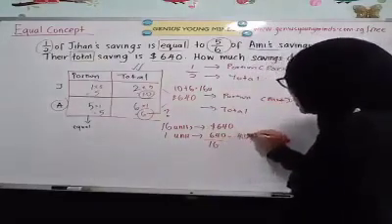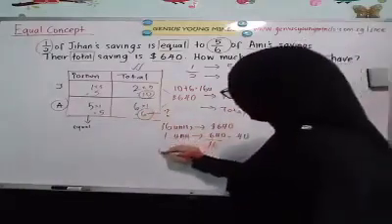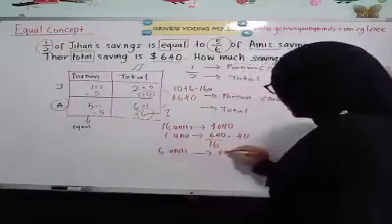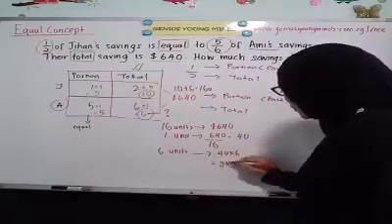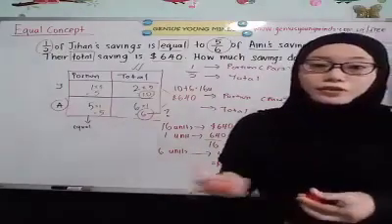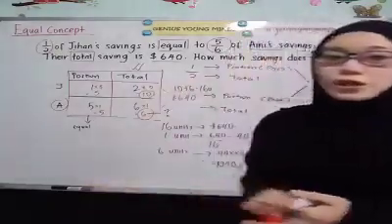Answer is 40. And then I want to find 6 units, which is 40 times 6 equals to $240.